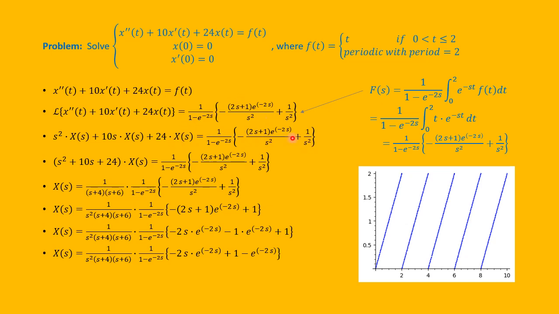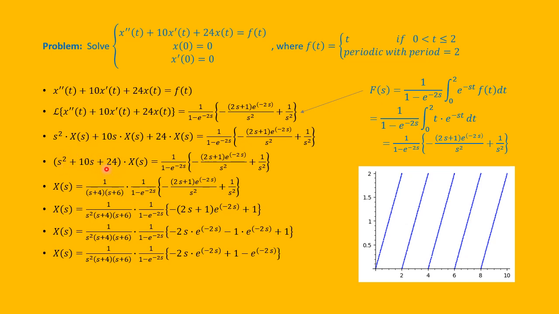The right-hand side I'll leave unchanged. Now we notice that on the left-hand side, every term has a factor of X(s). So we will factor that out. The left-hand side becomes (s squared + 10s + 24) times X(s) equals this right-hand side. And then at the next step, we solve for X(s) by dividing both sides by s squared + 10s + 24.